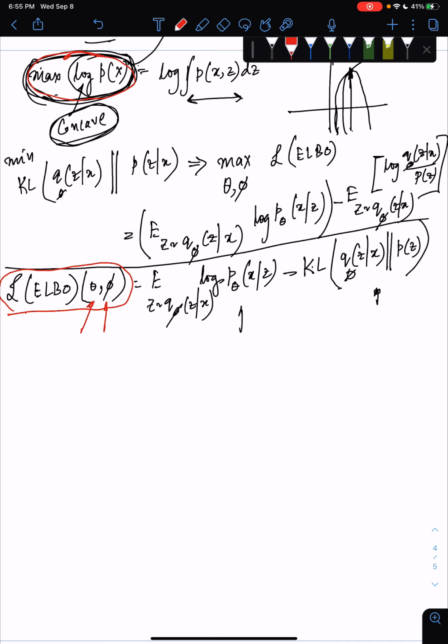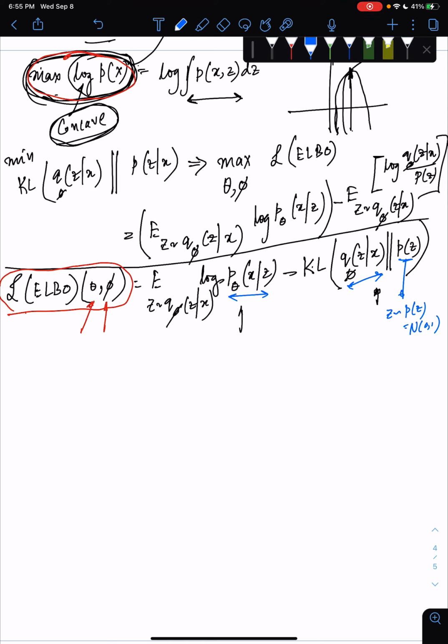So where will the neural network come in? If you closely observe, this function is z sampled from p(z), which is a standard Gaussian distribution. These two functions, this function and this function, can be replaced by a neural network.